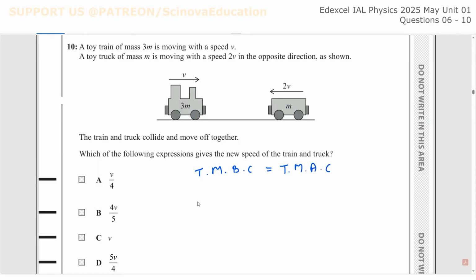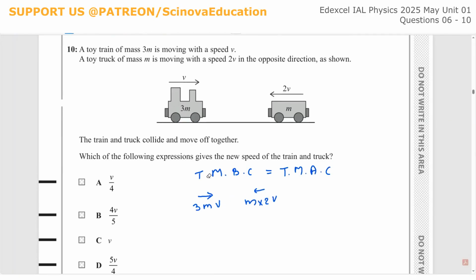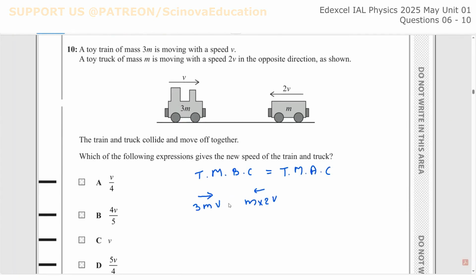Total momentum before the collision would be 3m times v for the first trolley, which is traveling to the right hand side, plus m times 2v for the second trolley, which is moving to the left side. If we consider the same direction, this should be written as negative, and the direction would be to the right hand side.